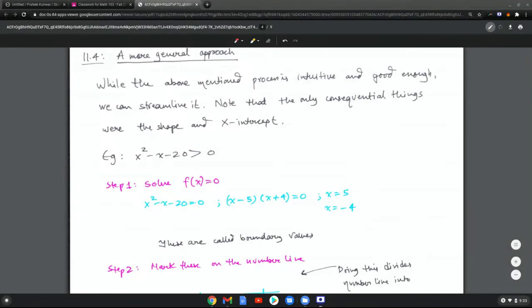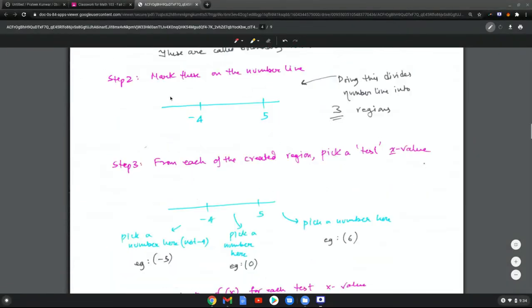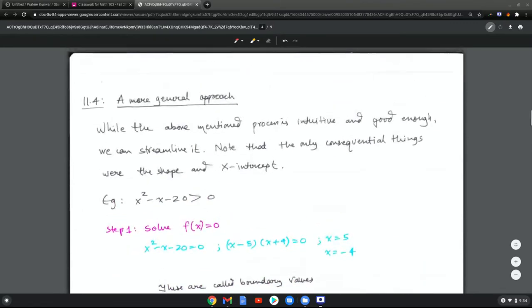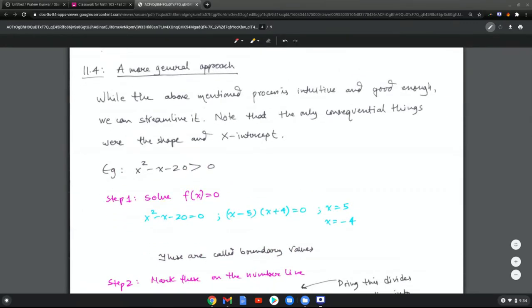Right. In the previous video, we saw an intuitive method for solving polynomial inequality, specifically just for quadratic. And we noticed that the things that mattered were the shape, whether it's going up or down, and the x-intercept.